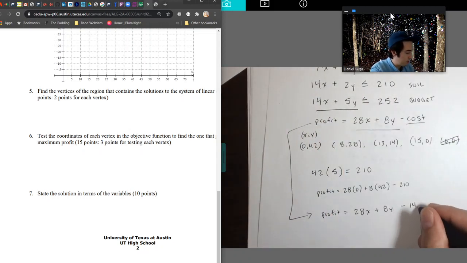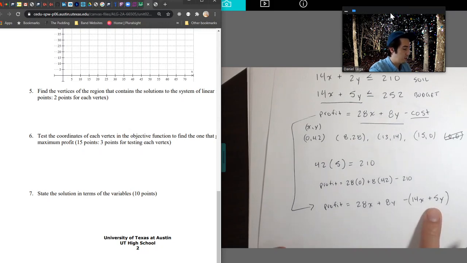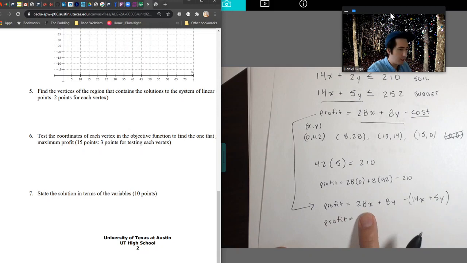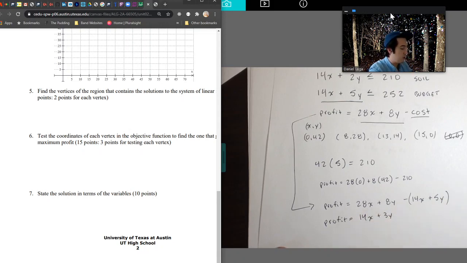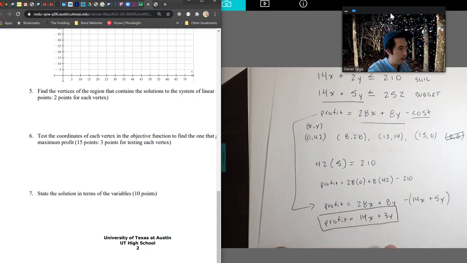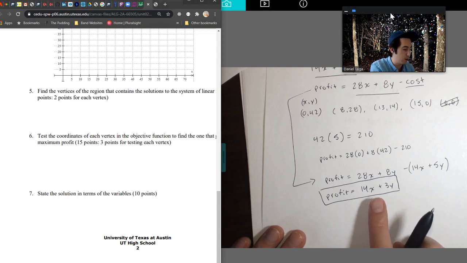So 14x plus 5y, right? That is what the cost is really. So really profit, you could say 28 minus 14 is 14x, 8 minus 5 is 3y. So this is the actual true profit equation that takes into account the cost. So that's a better one.